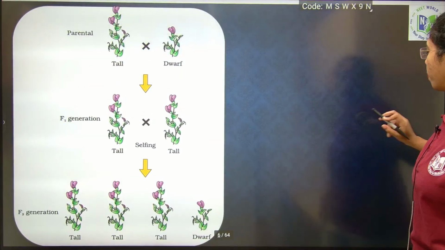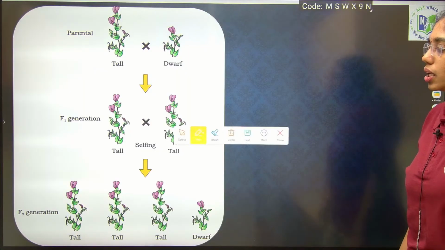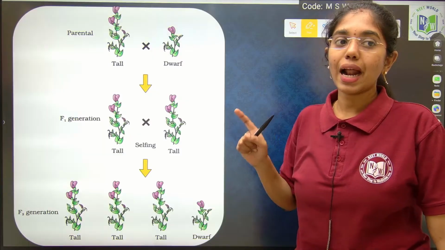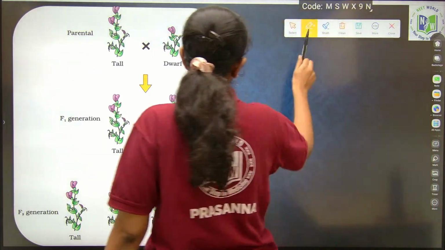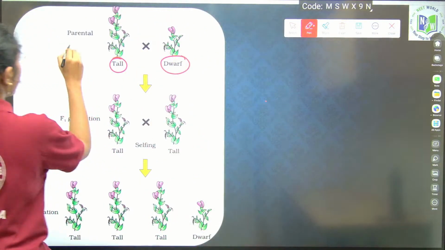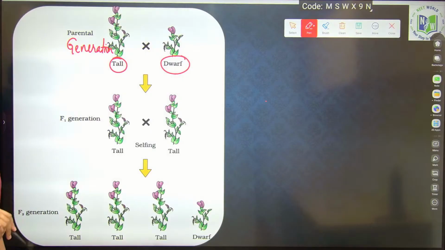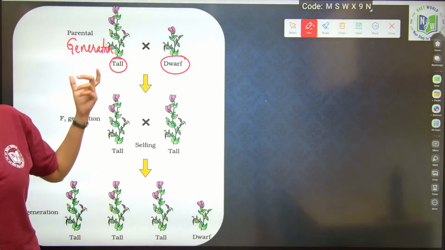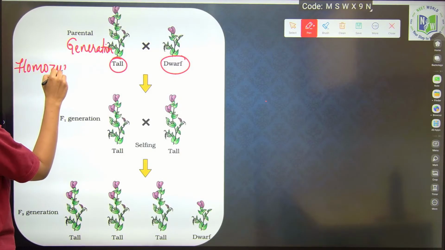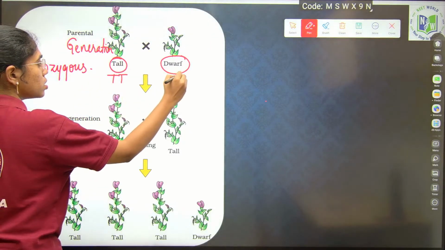Now let us look briefly into the monohybrid cross, which is very clear. The monohybrid cross, which is given in our text, is the consideration of only one character or trait, that is plant height, of which we have tall and dwarf. In the first parental generation, remember students, all the time the parental generation is taken with homozygous condition only, homozygous tall and homozygous dwarf.